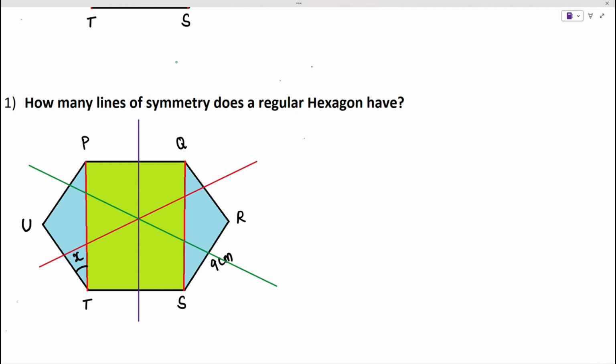Now, we can also draw lines of symmetry between the corners as well.